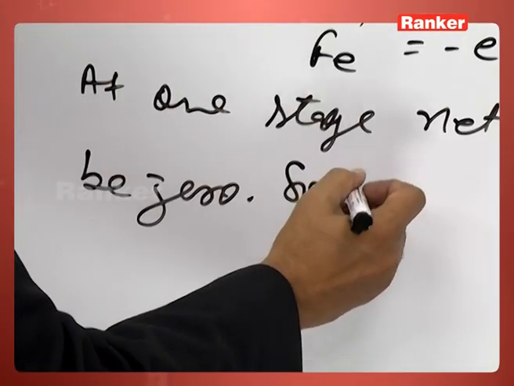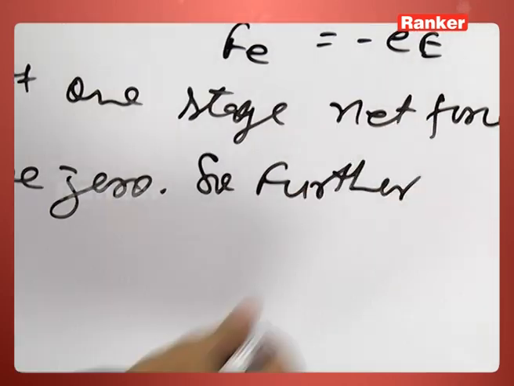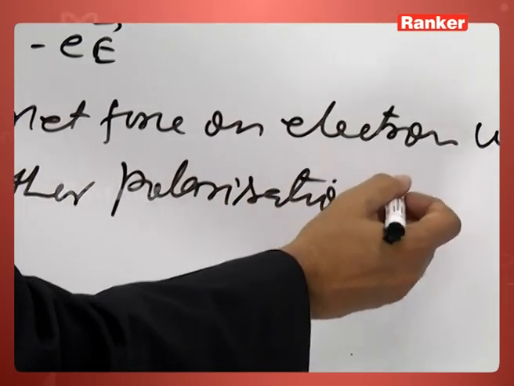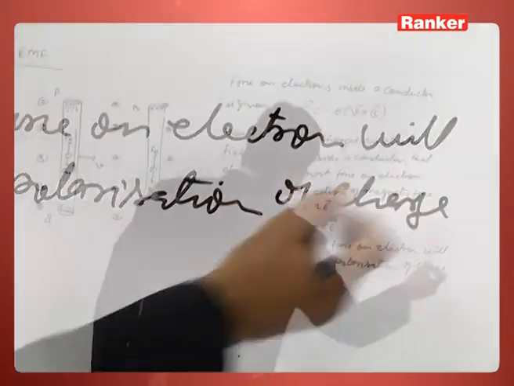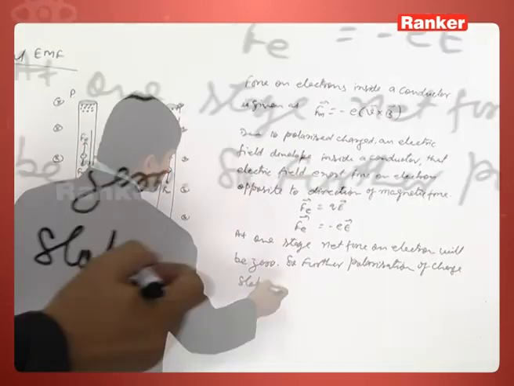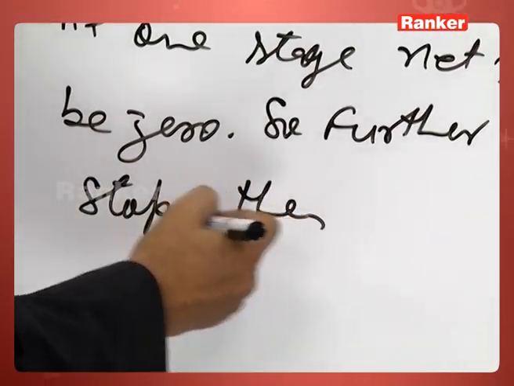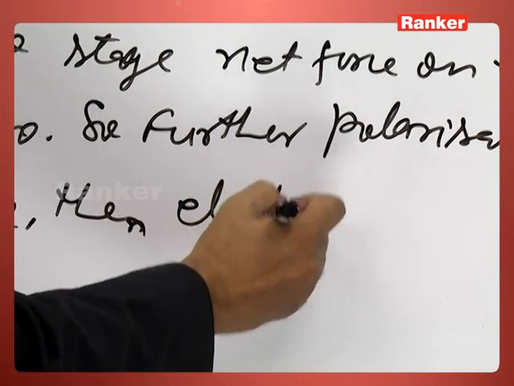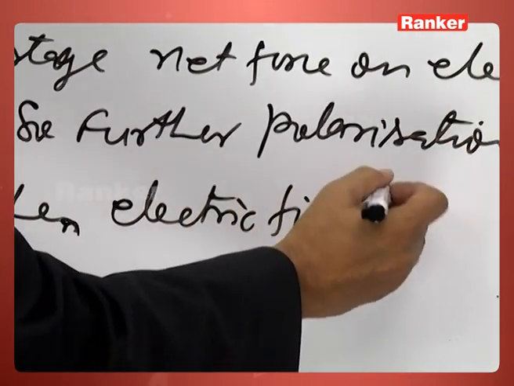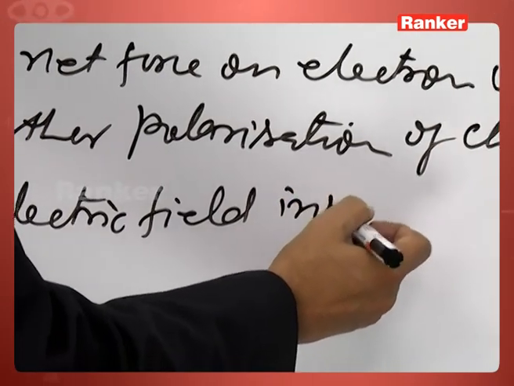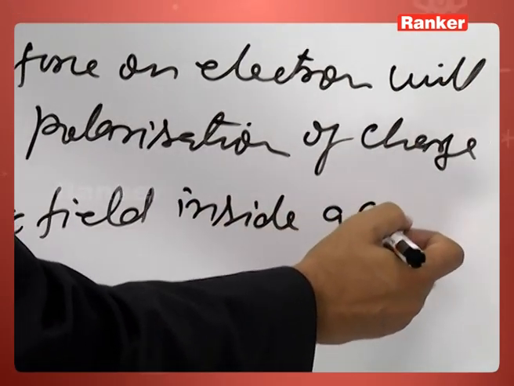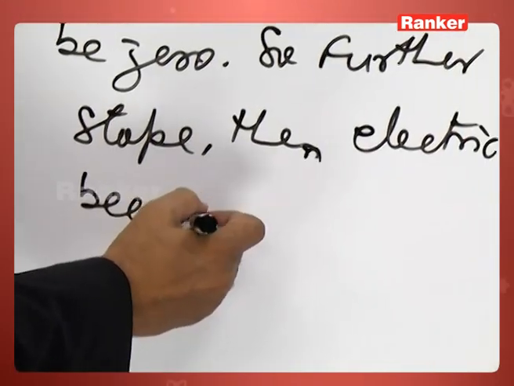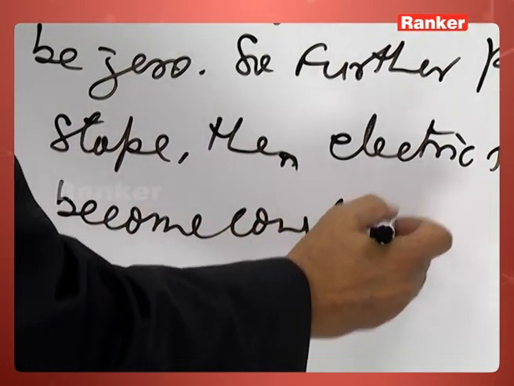Further polarization of charge stops. Then the electric field inside the conductor becomes constant.